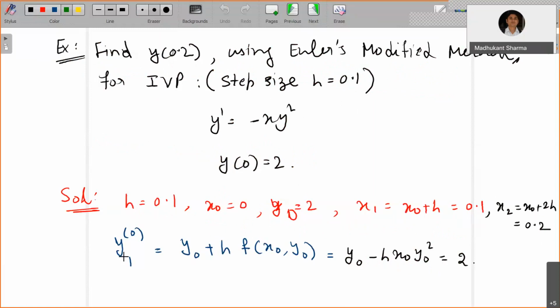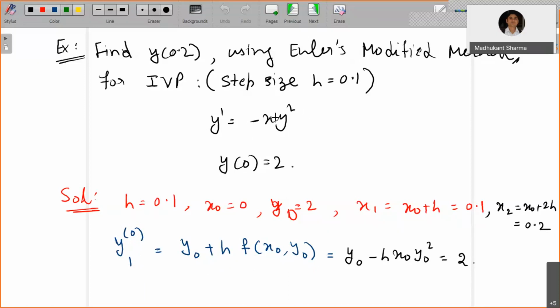We start with the zeroth approximation because we are going to use Euler's modified method, which suggests using the zeroth approximation from Euler's method. So y1 zeroth is y naught plus h times f of x naught, y naught. Now carefully substitute the values. y naught is 2, h is 0.1, and f of x, y is minus x times y squared.